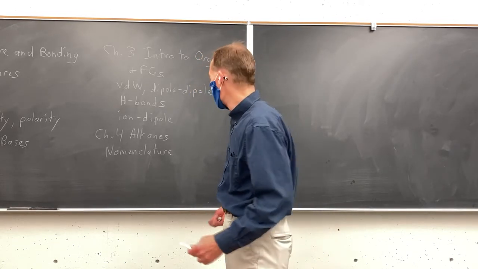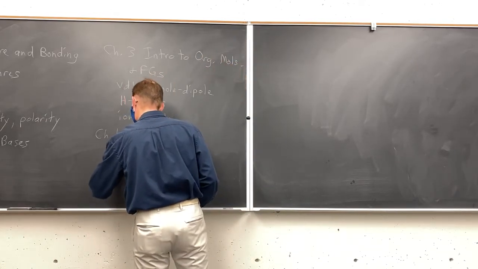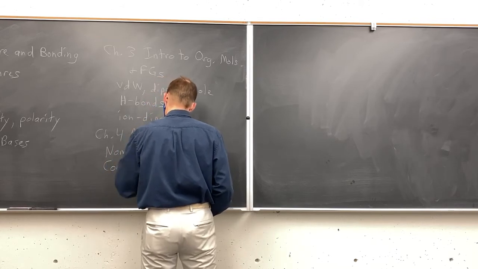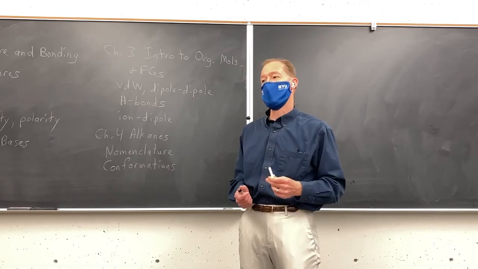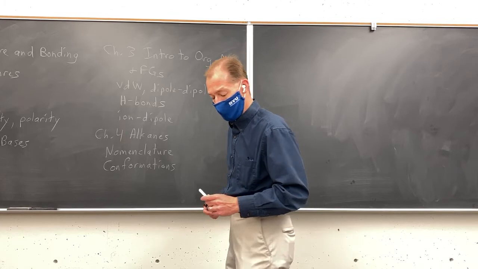And then the other main topic we had in this chapter was conformations. So this is where we started looking at the three-dimensional shapes of organic compounds. This is also something that we've continued to do throughout the year.